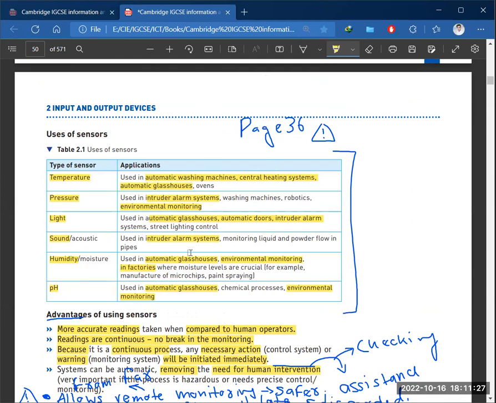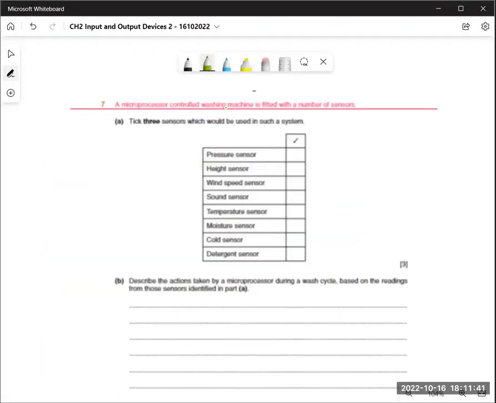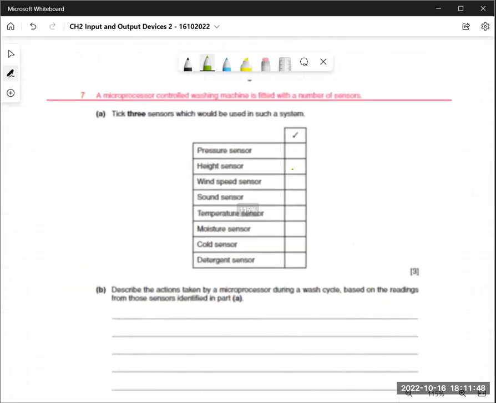Temperature, pressure. Okay. Let's say they have to choose 3 here, so we'll have to choose whatever we feel is important. Now, Rania, give me the answer for this quickly. Three sensors in a washing machine.